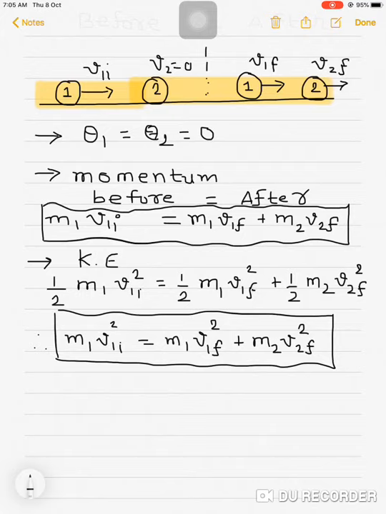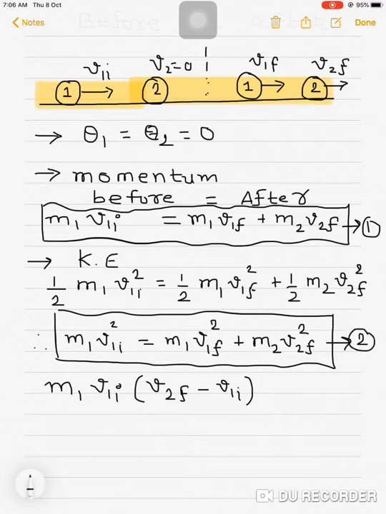If we solve these two equations, we have m1 v1i, as it is common, times v2f minus v1i from equations 1 and 2, equals m1 v1f times v2f minus v1f.